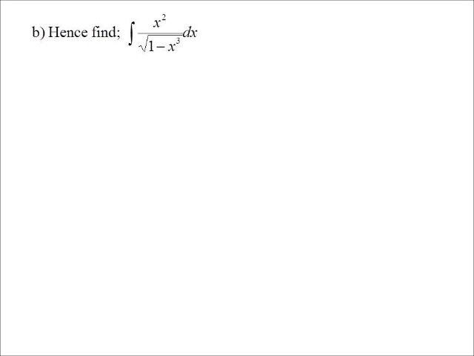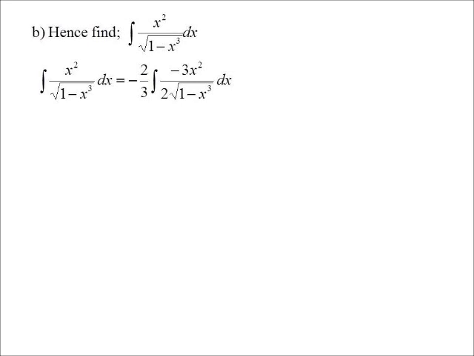So if we set it up so that we've got what we just differentiated, that's the minus 3x squared on the 2 root 1 minus x cubed. But of course, we can't just change the question. So we balance it out by multiplying by a constant, and we put that at the front of the integral, of minus 2/3.